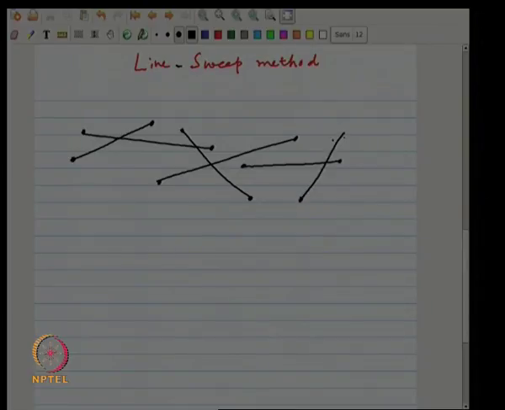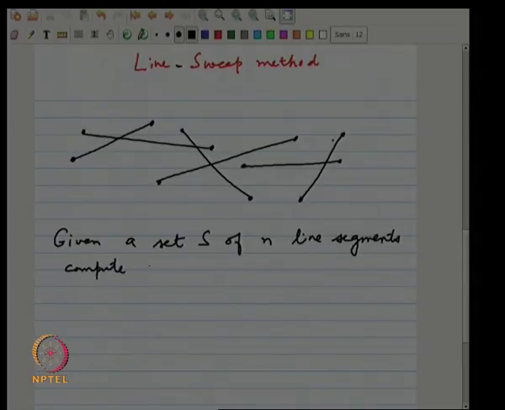Okay. So let us only look at this rather small set, because otherwise it could get cluttered up if I draw them. Now the goal is that given a set of line segments, we want to compute the intersecting pairs. So I can name them.